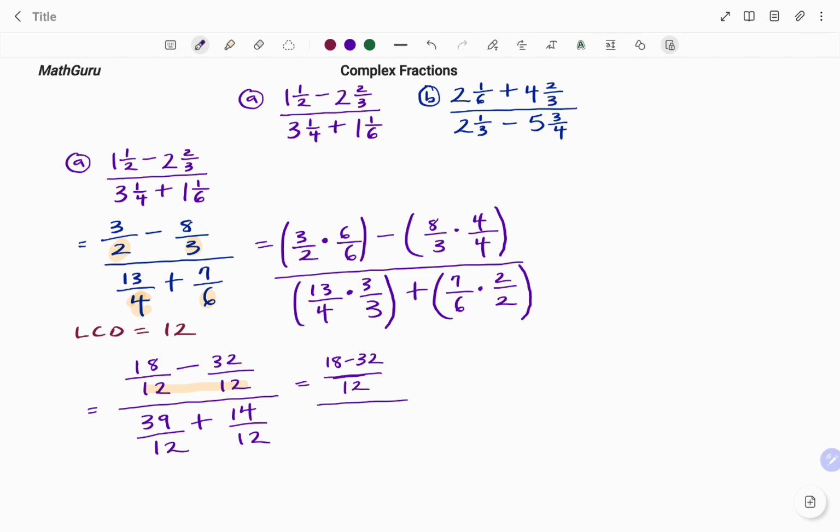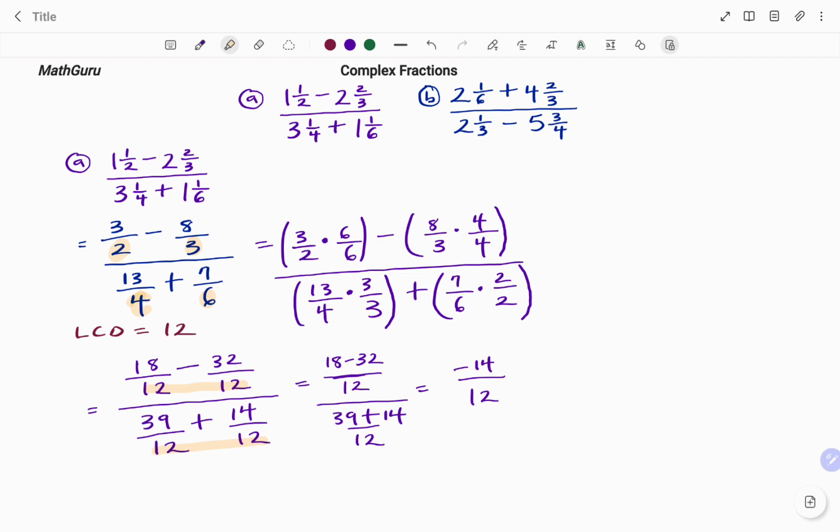Because the denominators are the same, that's 12, I'm going to place the fractions under the same denominator, which is 12, and at the top I have 39 plus 14. If I simplify further, 18 minus 32, that's minus 14 divided by 12.